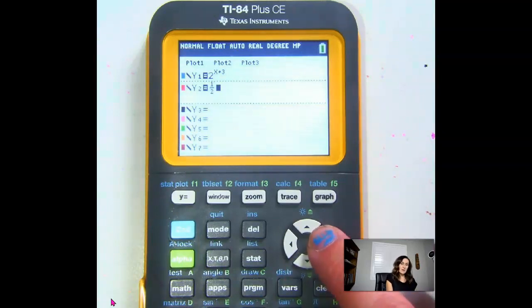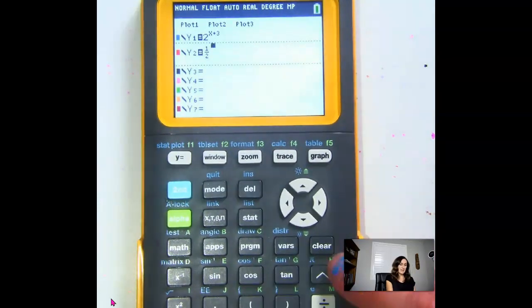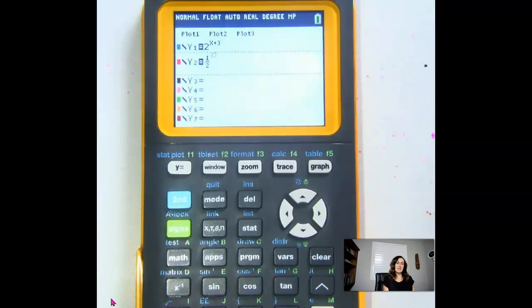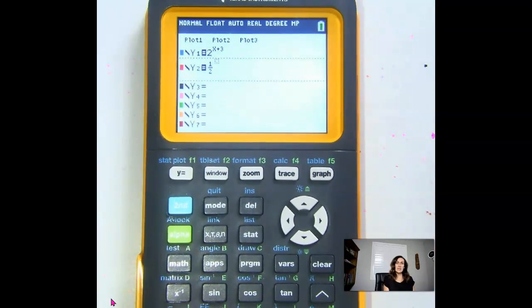Then I'm going to arrow out of the fraction bar and hit the raise 2 key, which is right here below the clear. And then we're going to type in x plus 1.